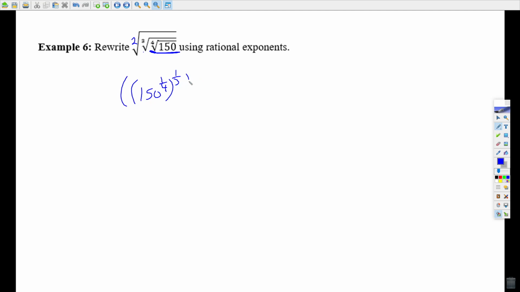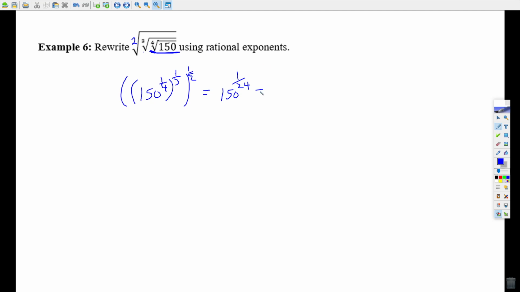Then we do it one more time. Keep making these parenthesis sets. The last one on the outside is a 1/2. Then you just multiply across the top and bottom. So this is 150 to the 1 times 1 times 1, 1. 4 times 3 is 12, times 2 is 24. So that's using rational exponents.